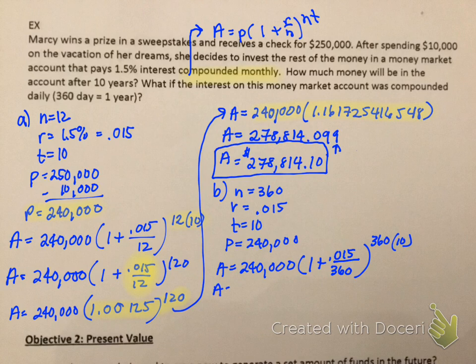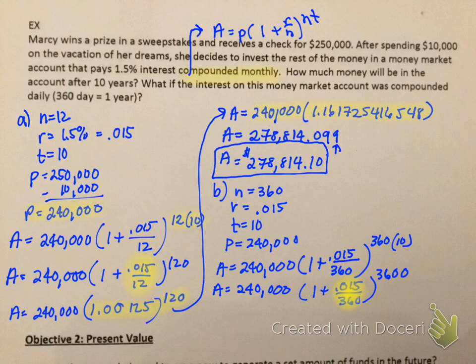So same process. You take this and you change that to 360 times 10, so 3,600, and you start the process again. This time around, we're going to divide 0.015 by 360, and then we're going to add 1 to that.